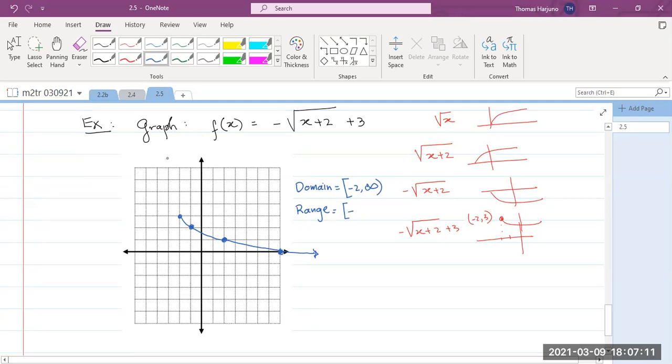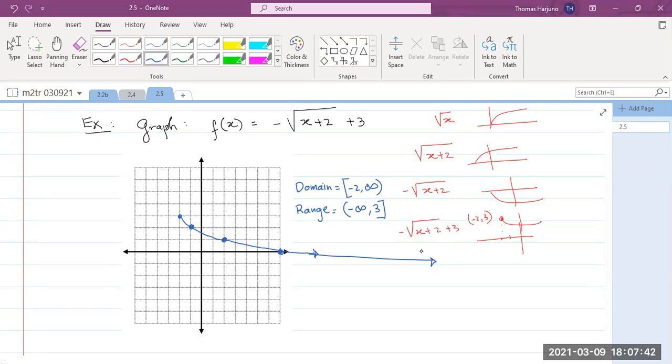You see the y's actually go from -infinity up to +3, including +3. Not from 0 to 3, no, because this goes indefinitely far down. So the range is from -infinity up to 3.